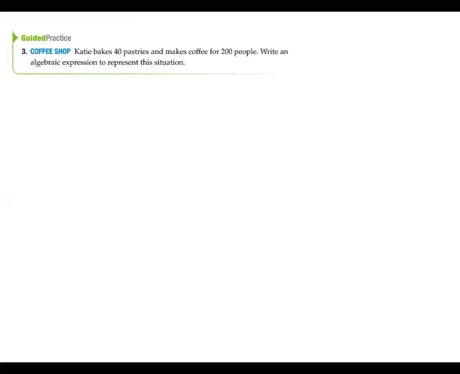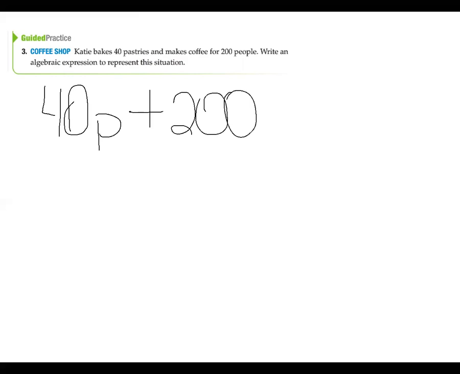So 40P plus 200C would represent the total cost for Katie's pastries and coffee. So 40 times P, which represents the cost of the pastries, and 200C, C represents the cost of the coffee. Add them together and you get the total cost.